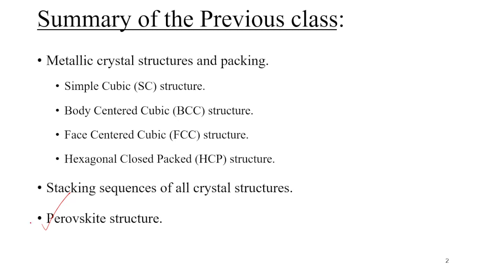Other than that, we saw the hexagonal close packed structure: the arrangement of the HCP structure, how we get the c by a ratio, how we arrive at the volume of a hexagonal unit cell, and then the atomic packing factor of the HCP. These were some of the things we discussed.